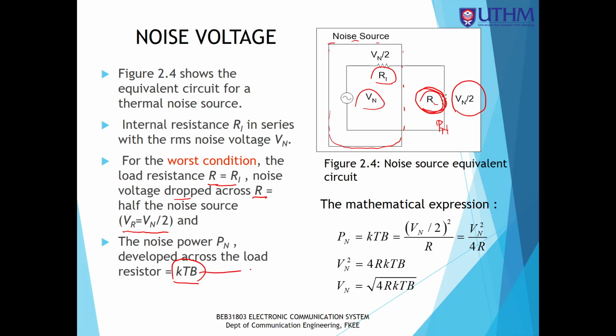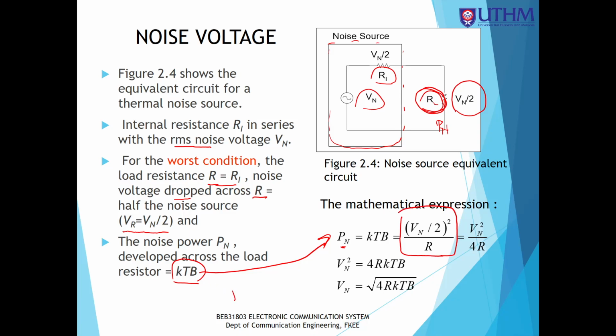So from this KTB, we can define the noise voltage. Remember that here it is mentioned in terms of RMS noise voltage Vn. So KTB, the noise power at the load, is equal to Vn over 2 squared over R. This is the equation for power.